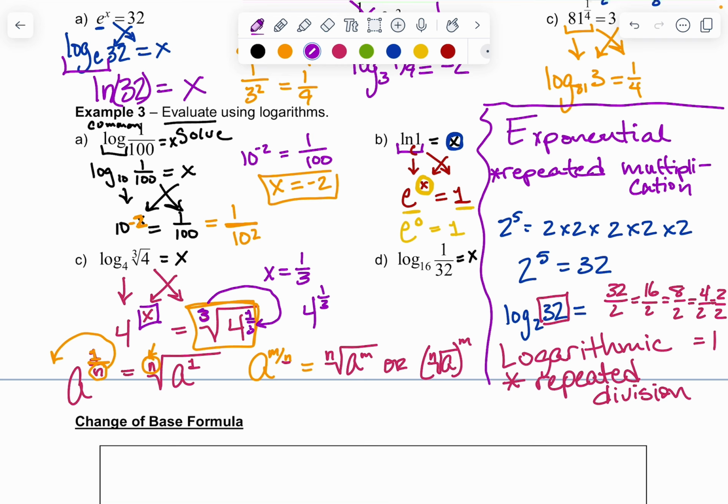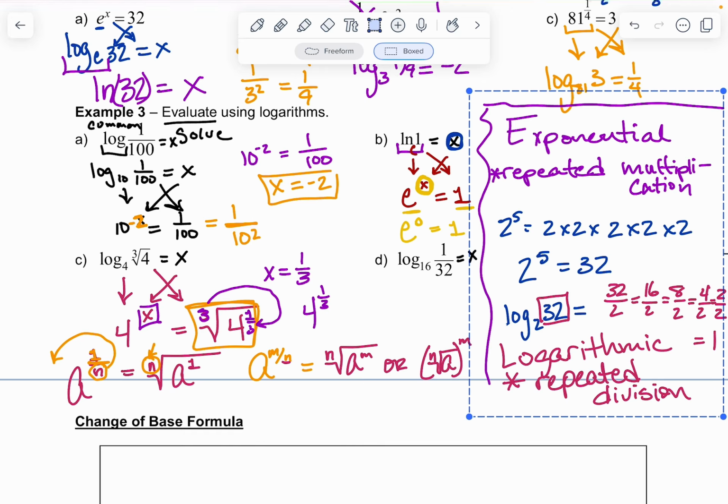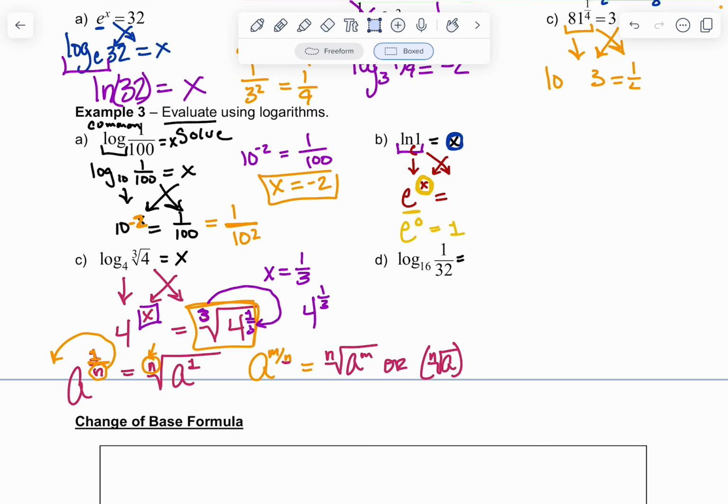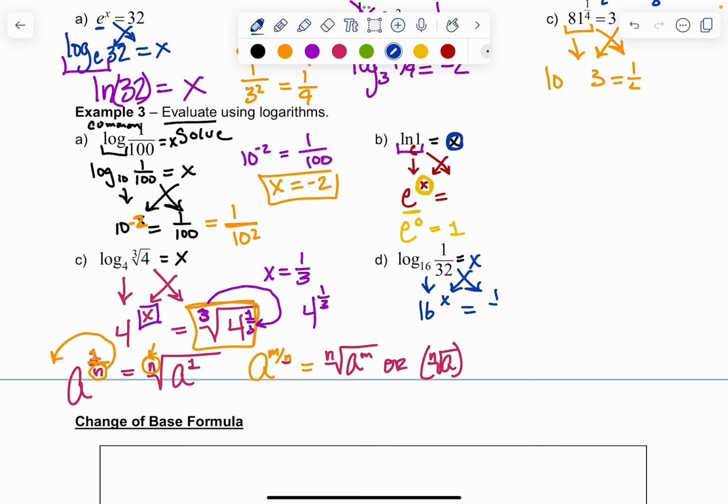Now our very last one, I don't know if I have room to do it, so I'm going to create some room. I'm going to drop my base of 16, cross my x, and cross my 1 over 32.